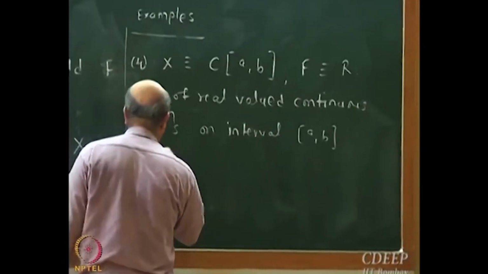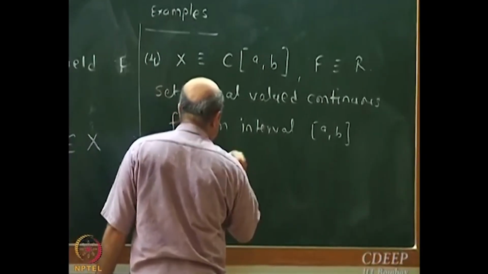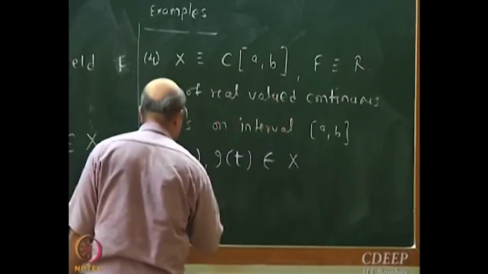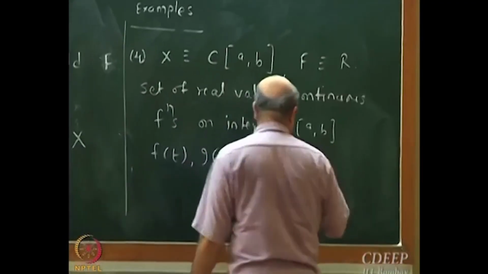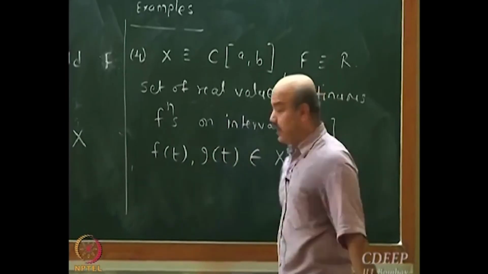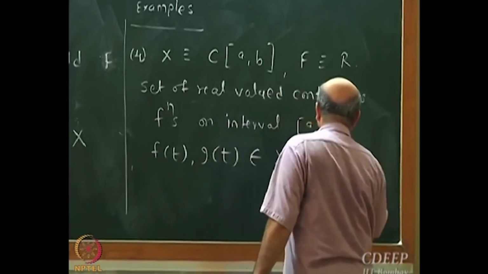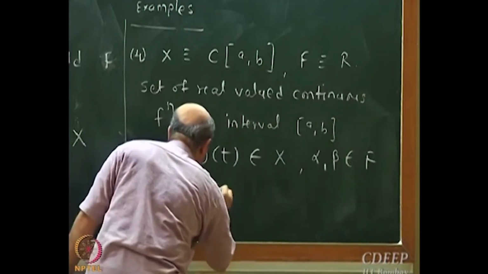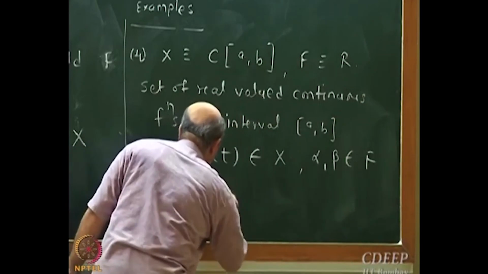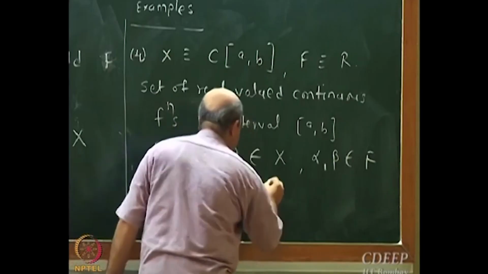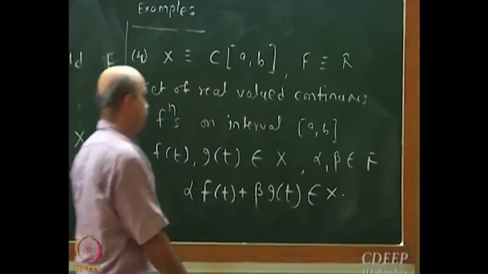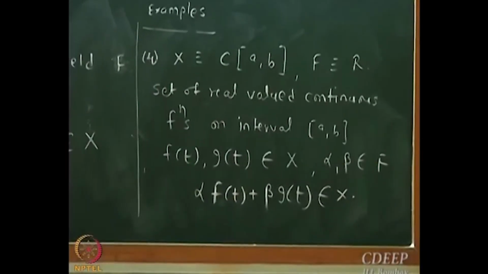So if I have a function f(t) and a function g(t), both of which belong to X, and if I take any two scalars, say alpha and beta, that belong to F, then alpha times f(t) plus beta times g(t) also belongs to X.